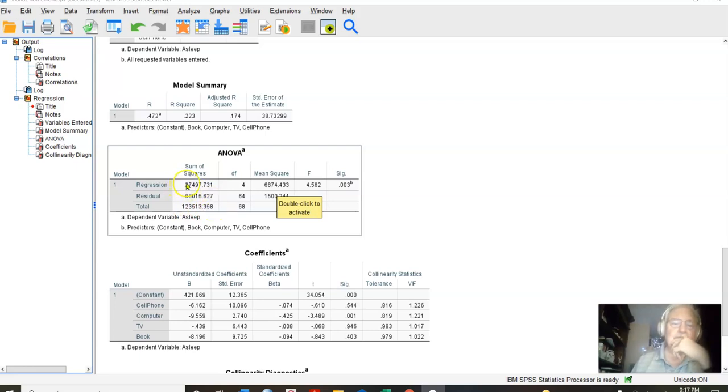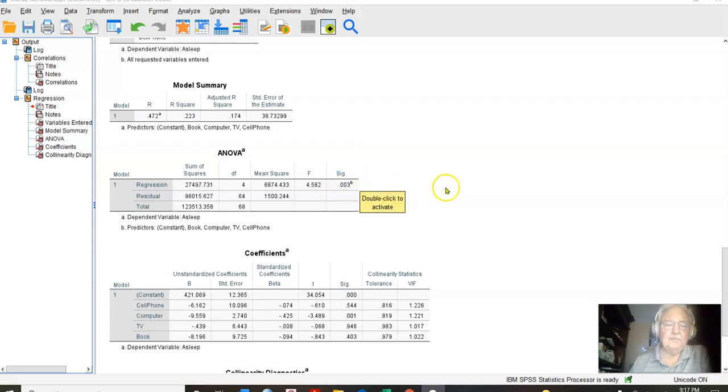The square root of that is R. You can see we rejected the null hypothesis that all the coefficients, or that the correlation, was 0.